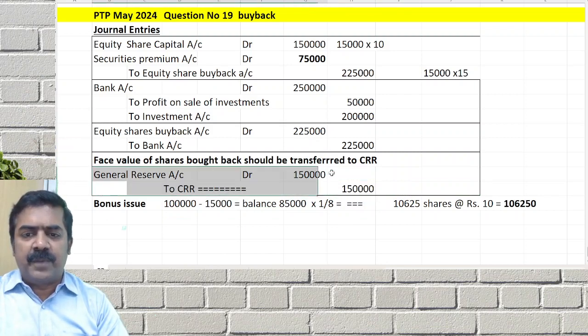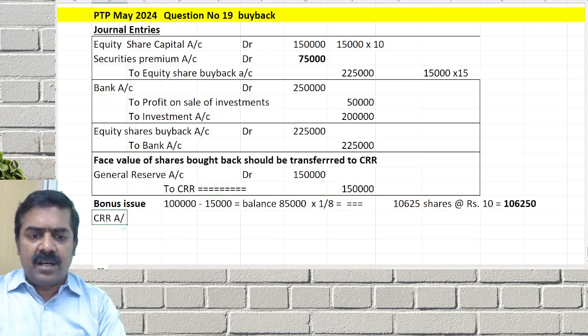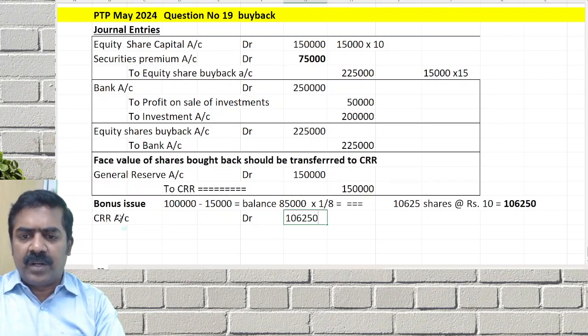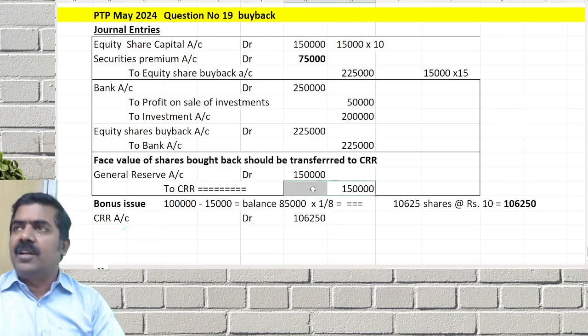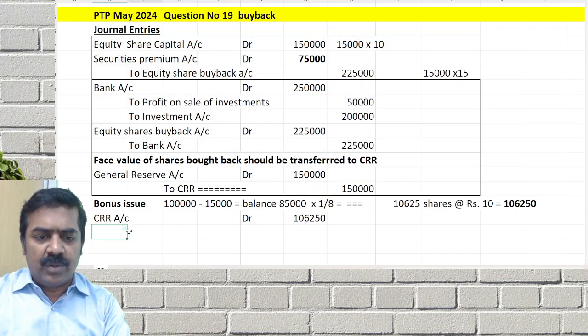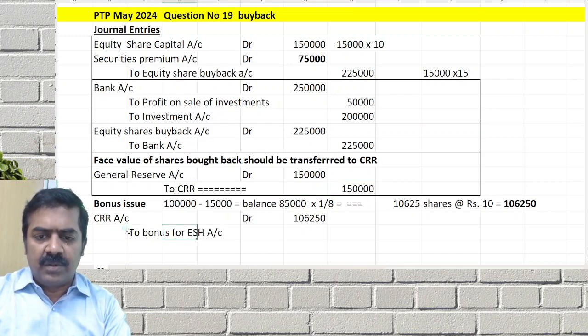Whenever a bonus issue is made, first we will take it from CRR. CRR account debit. How much do we have to use? 1,06,250 only. Suppose the bonus issue is more than CRR, then you can take securities premium or P&L account. CRR account debit to bonus for equity shareholders account.